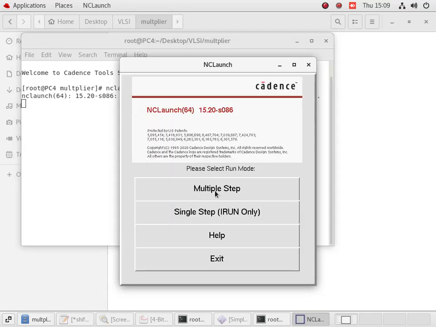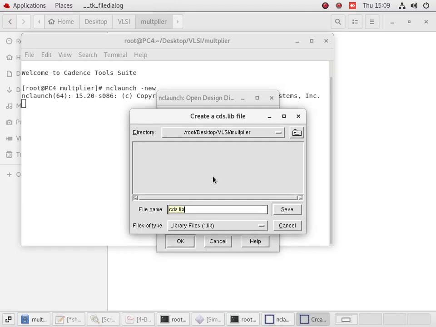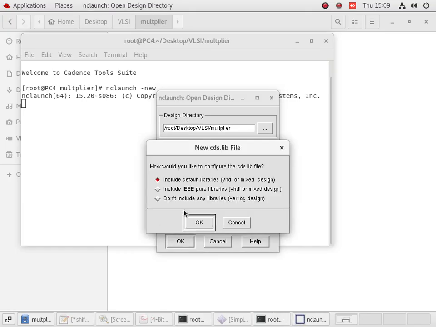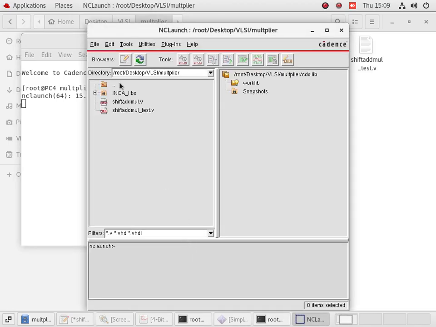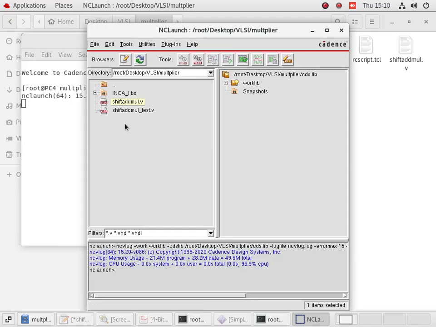From this NCSim simulator, we have to select all these files. Whenever we have to verify the functional simulation, there are 3 steps involved. First we have to compile the design.